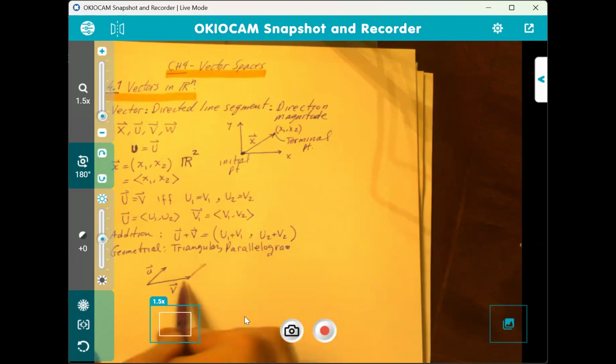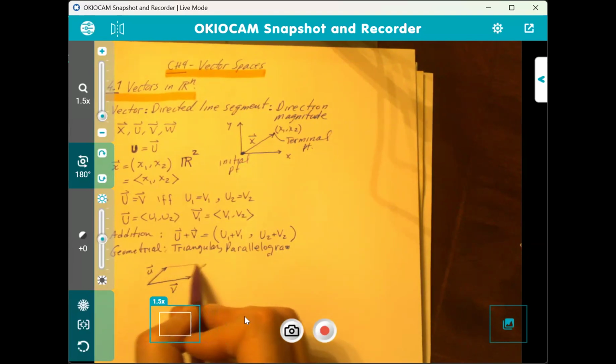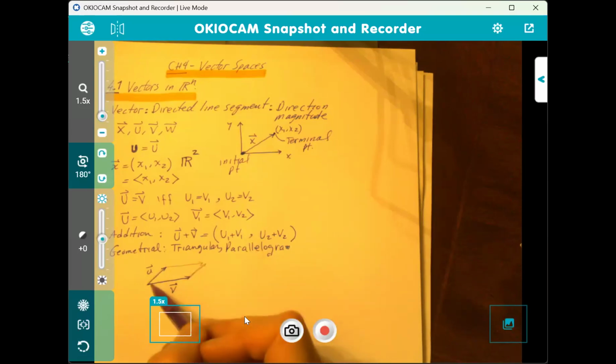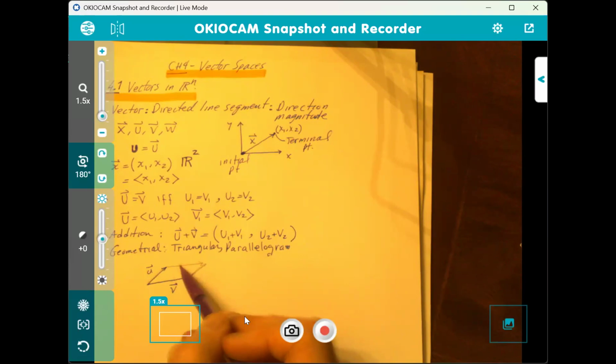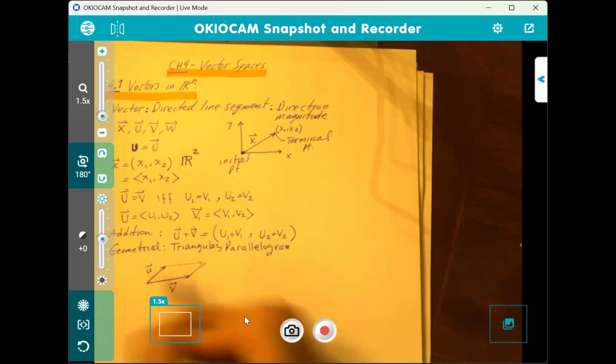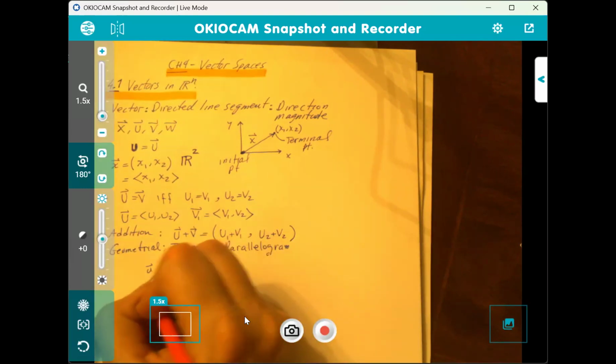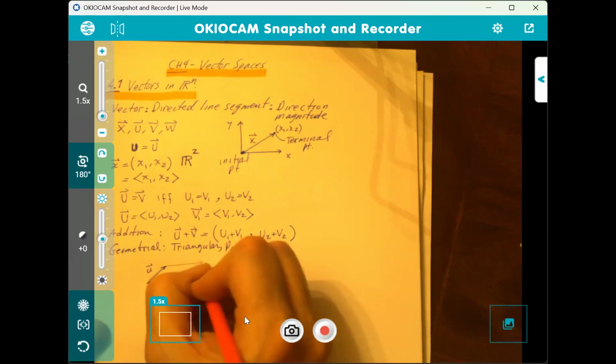Then I draw a vector with the same direction and same magnitude as v. That's how we create a parallelogram: u parallel to itself and v parallel to itself. Then the sum vector goes from here, corner to corner. And there you have it.